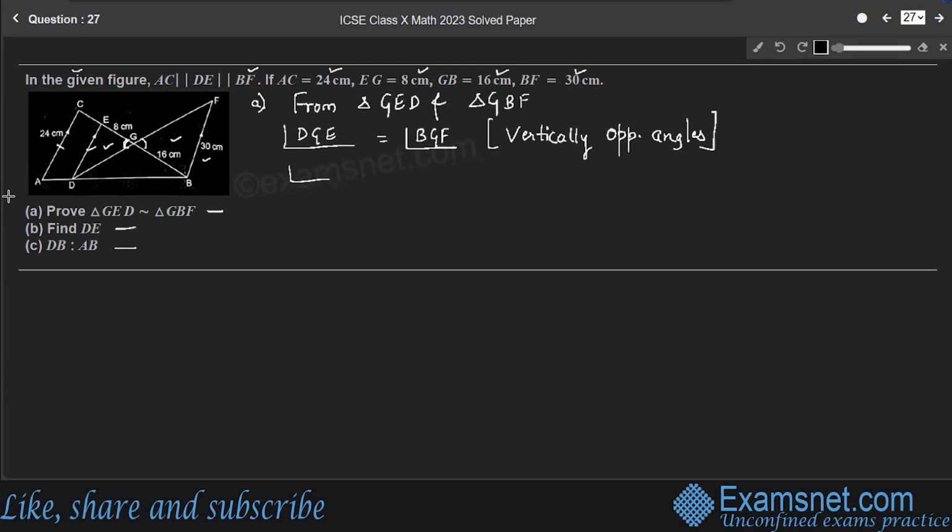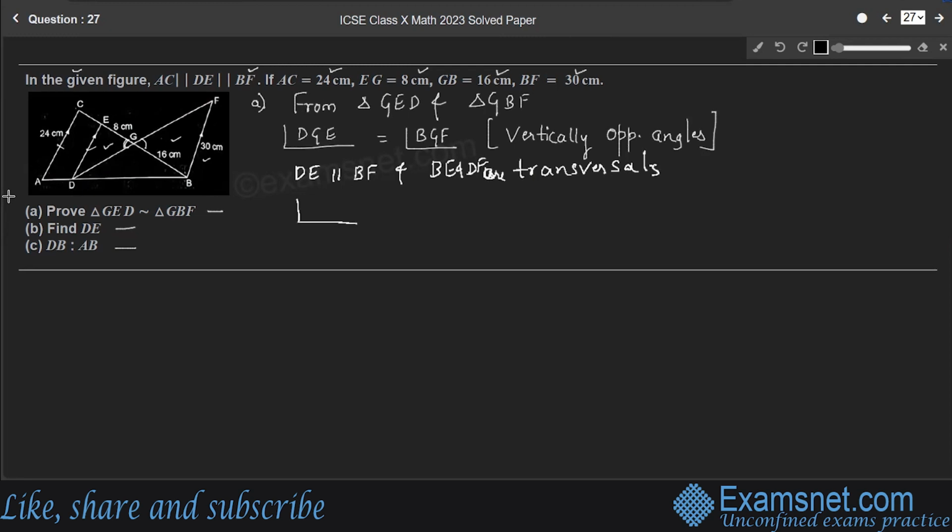Also here DE is parallel to BF, which is already given, right? So DE is parallel to BF and BE is a transversal. Also DF is a transversal.